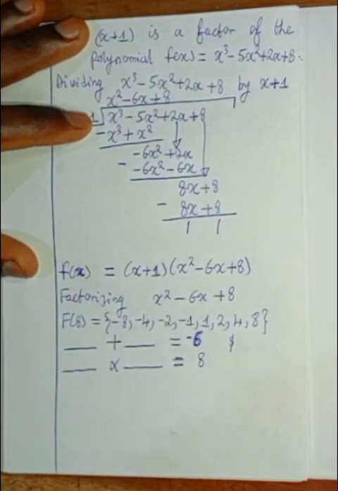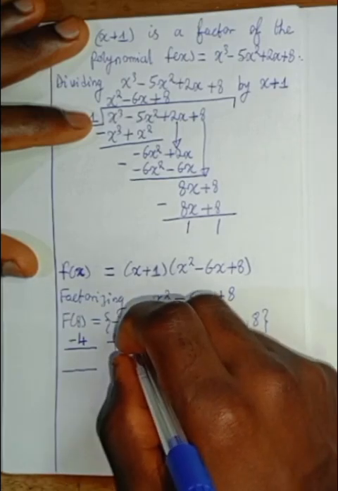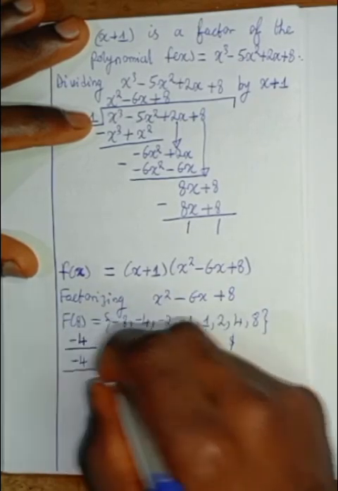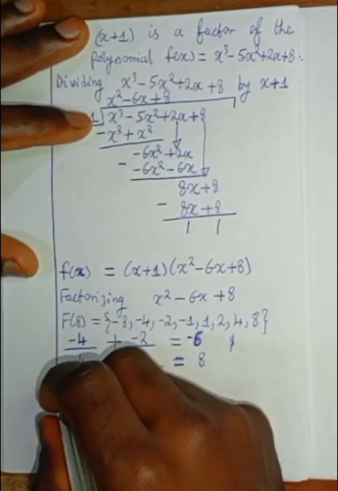You'll see if we take negative 4 plus negative 2, it gives us negative 6. Negative 4 times negative 2 gives us positive 8.